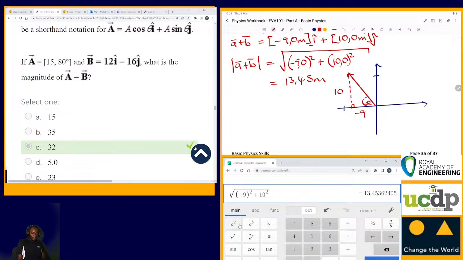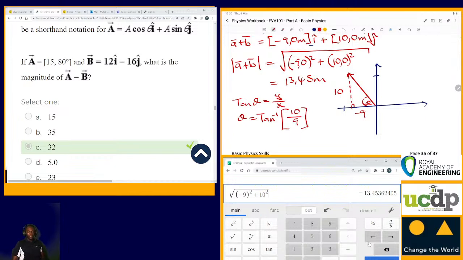And to get this angle, we have the adjacent and the opposite, so we have to use tan theta. So tan theta is equal to the y over the x. So theta will be arctan of y, which is 10, over 9.